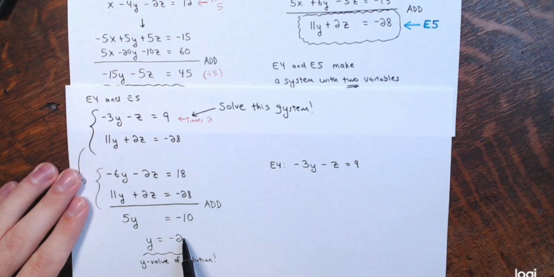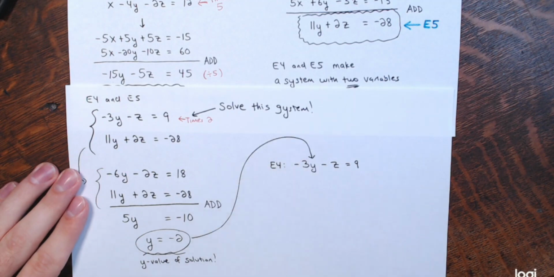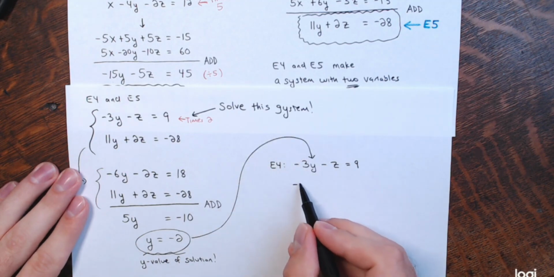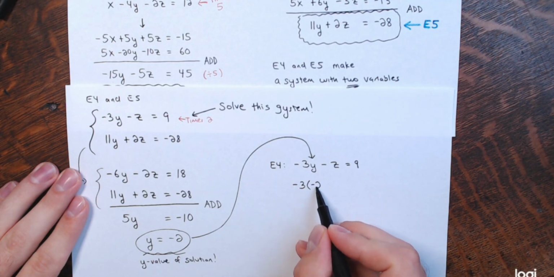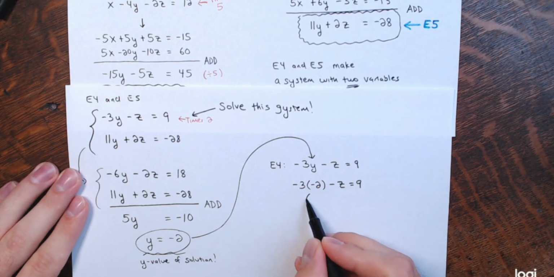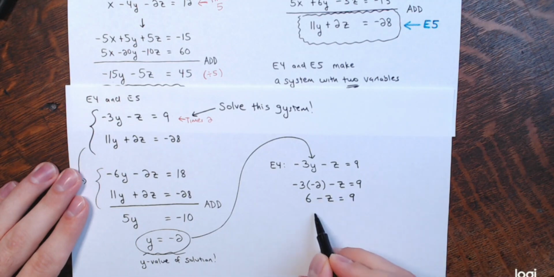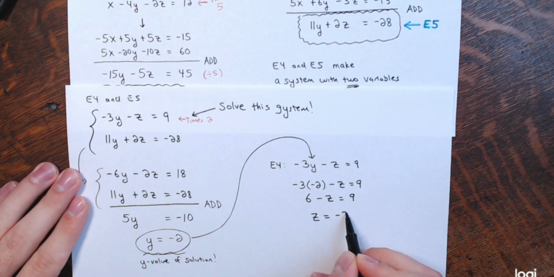Replace y with negative 2. So that'll be negative 3 times negative 2 minus z equals 9. So we have 6 minus z equals 9. z would have to be negative 3. Right? Subtract 6, divide by negative 1.